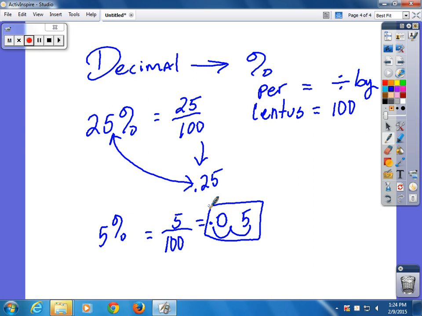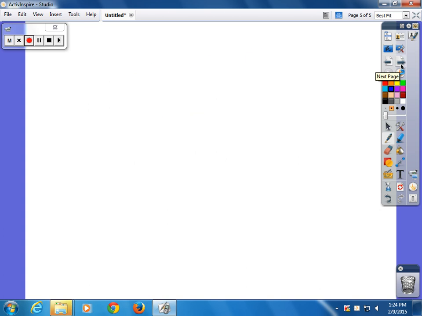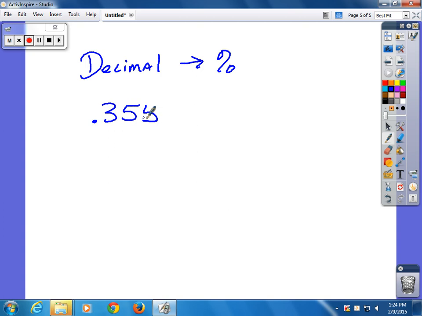Now, what if I have a decimal and I want to write it as a percent? 0.375 is a perfect example. How did I get 37.5% out of that? Okay.